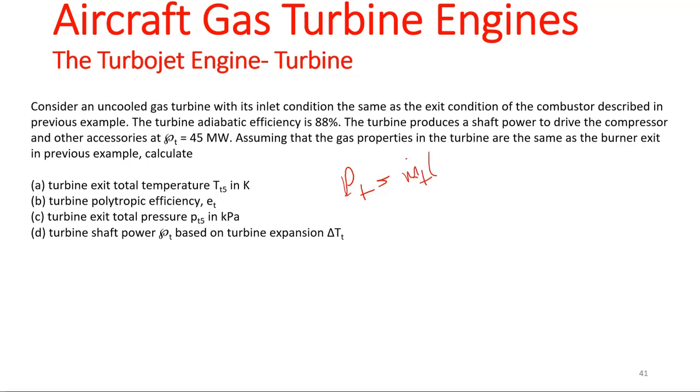So m dot t times ht4 minus ht5, right? Can we replace these enthalpies with anything? Cp Tt4 minus Tt5 in parentheses, right? So we have m dot Cp times Tt4 minus Tt5, right?